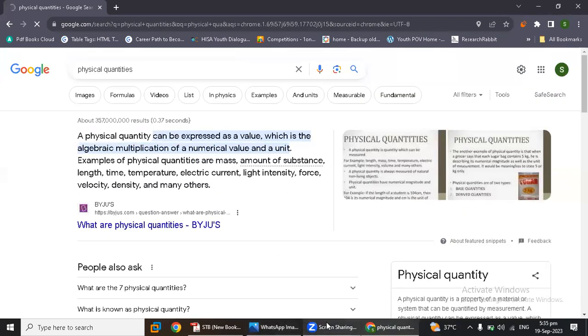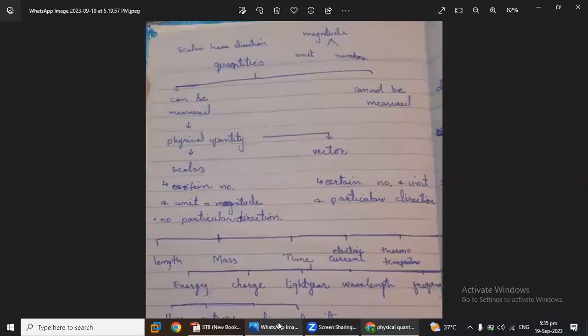As I told you, quantities have a unit and a number, which means magnitude, but not all quantities possess magnitude, because non-physical quantities cannot be measured, so they don't have magnitude. But physical quantities can be measured. They have a unit, they have a number, and these are termed physical quantities.